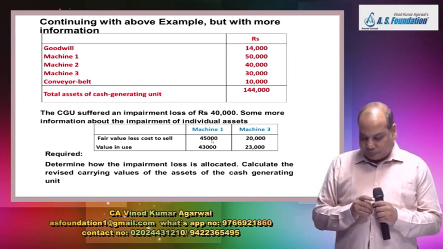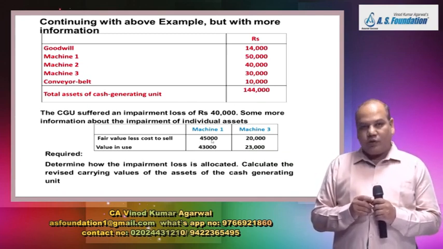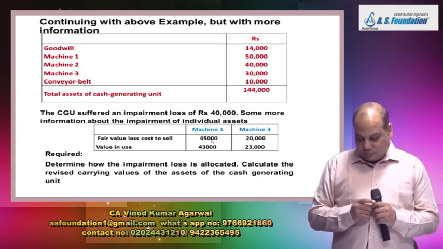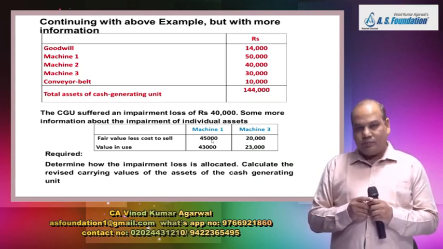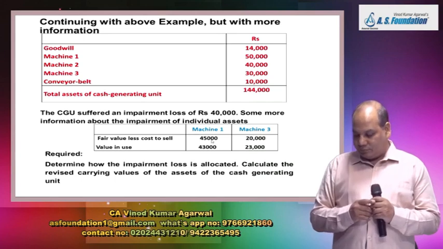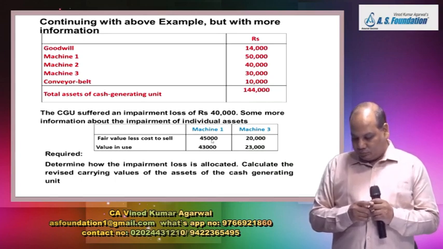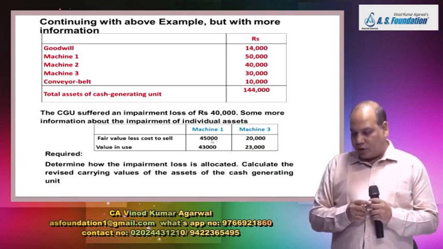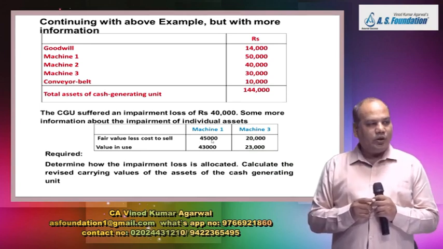Write down fair value less cost to sell: 45,000, 20,000. Value in use: 43,000, 23,000.